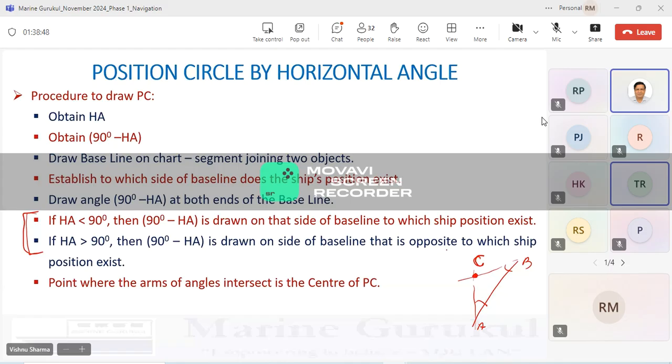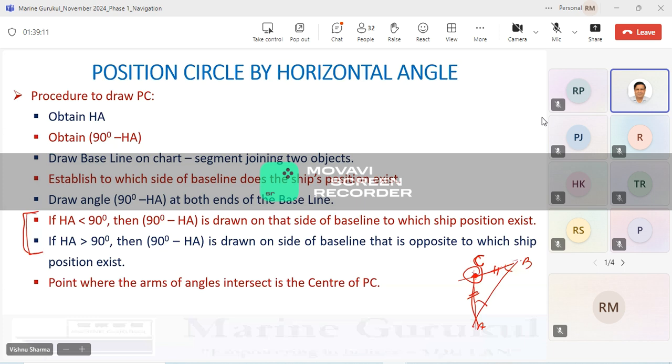And from C to A or C to B, these are both equal. This will be the radius. So what will you do? You'll take your compass, put it at C, and open up to A or to B, whichever you want. Now your compass is opened equal to the radius. Compass is already at the center. Now you will draw the circle.